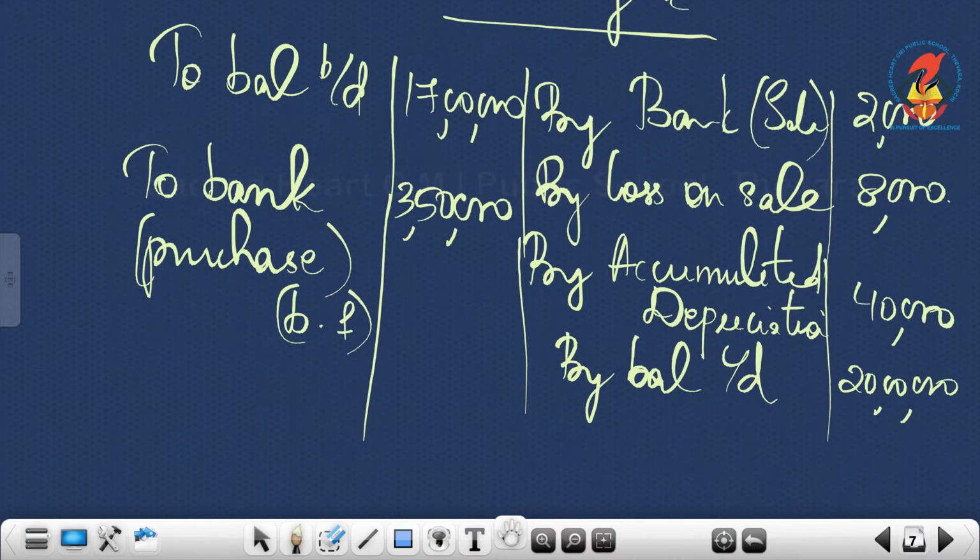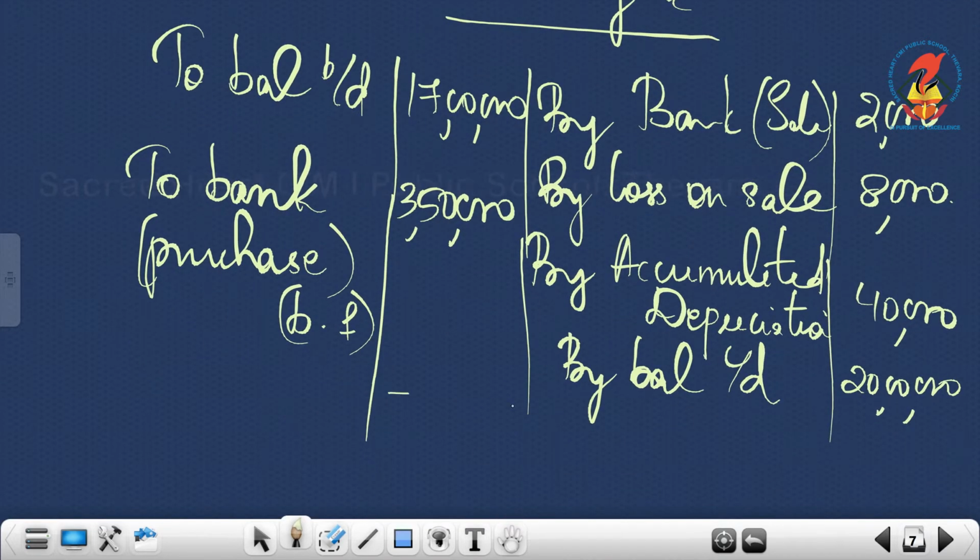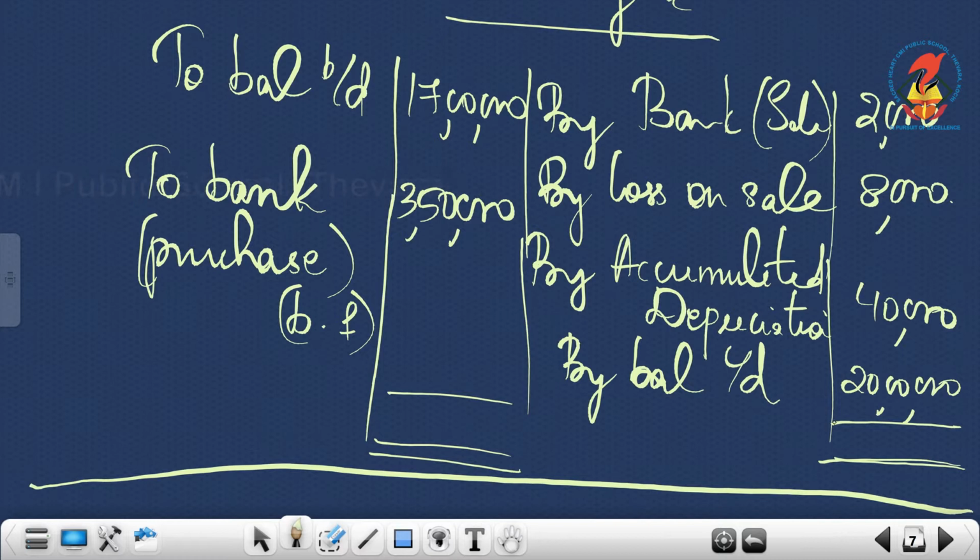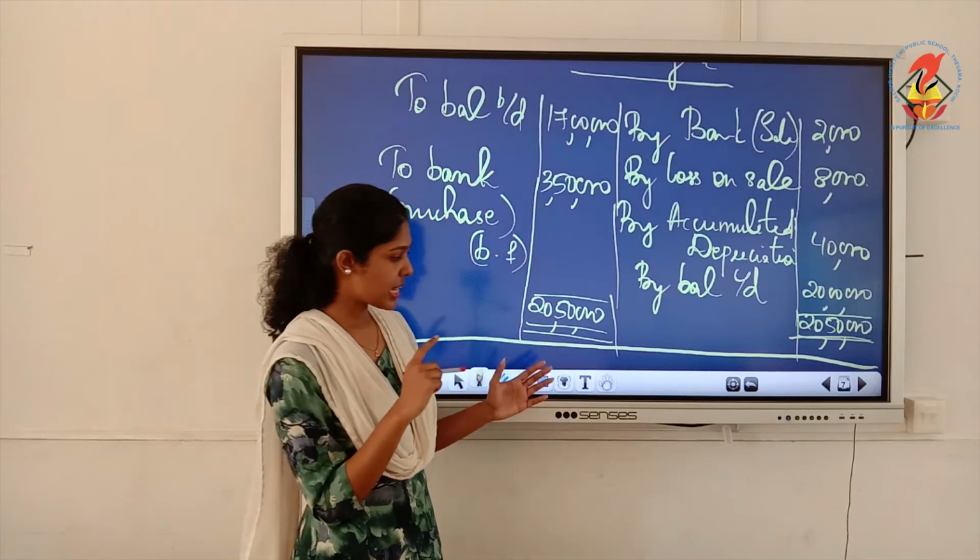So the total is 20,50,000. So this is how you have to do the fixed asset account.